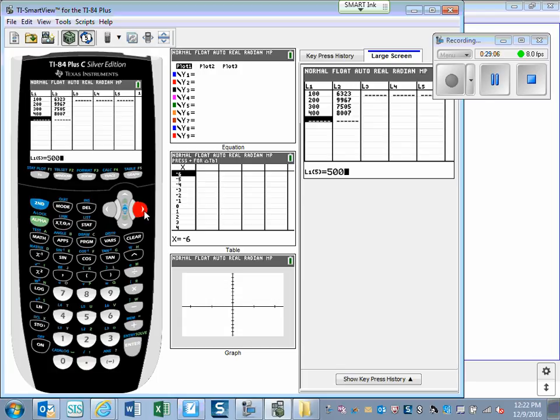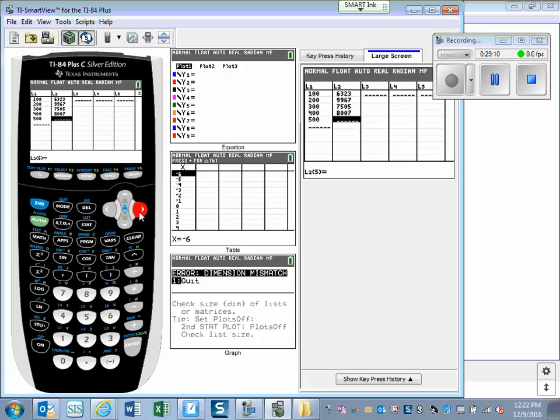Those are our data points. Now, 0.5, 0.9, 3.5, 8.2, 14.8.